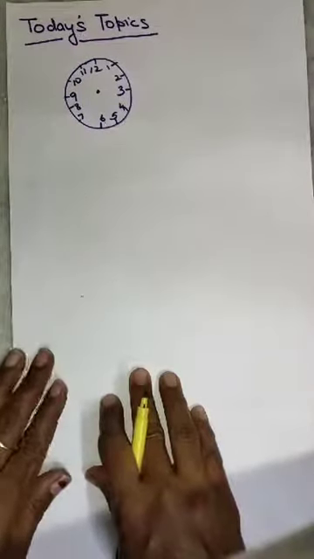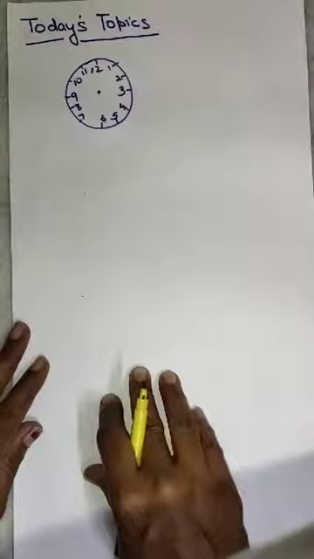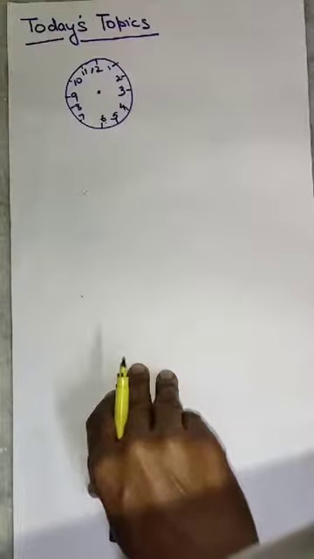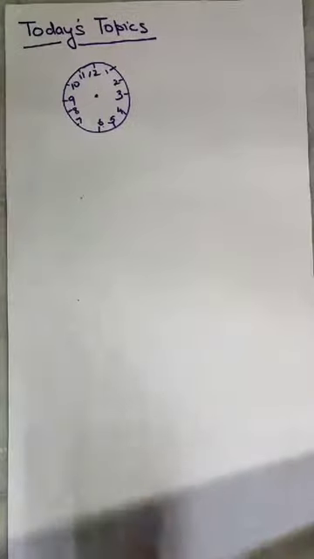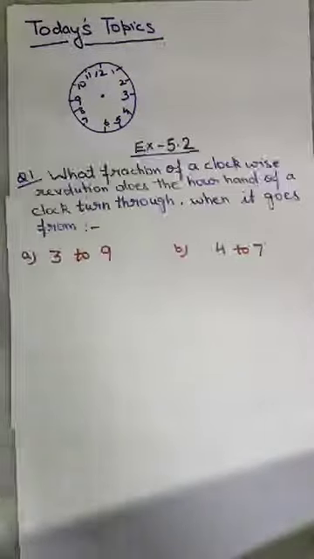In the clock we all know we have three hands: hour hand, minute hand and seconds hand. We will learn this topic with the help of questions. Now see your question number 1 of exercise 5.2.